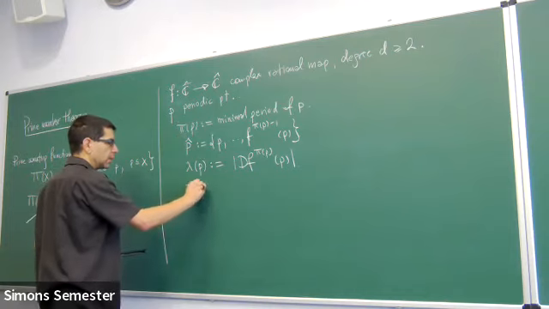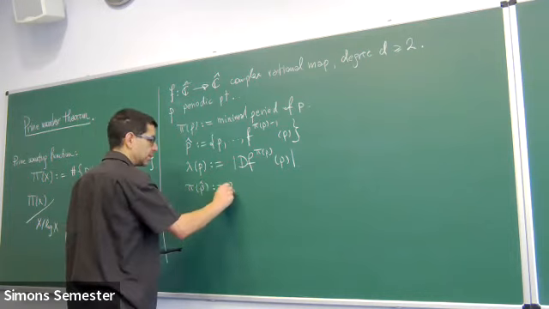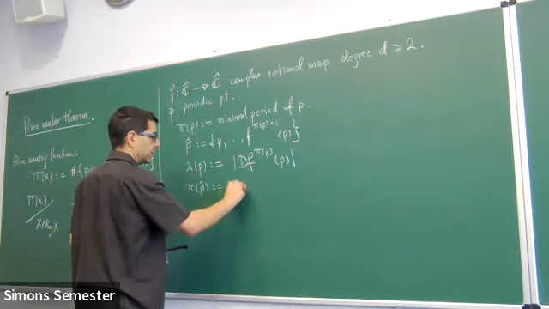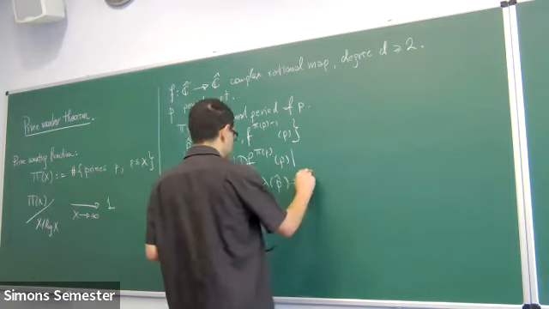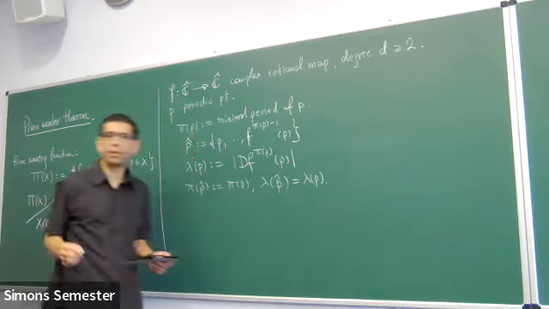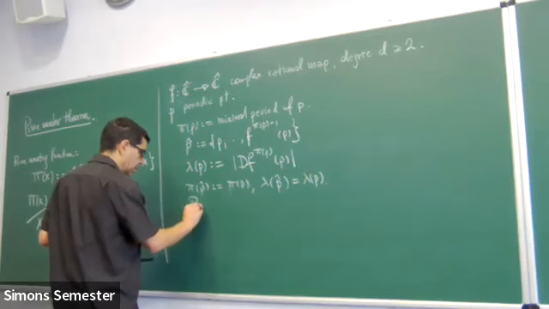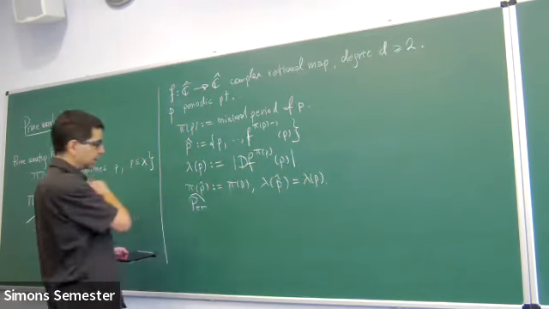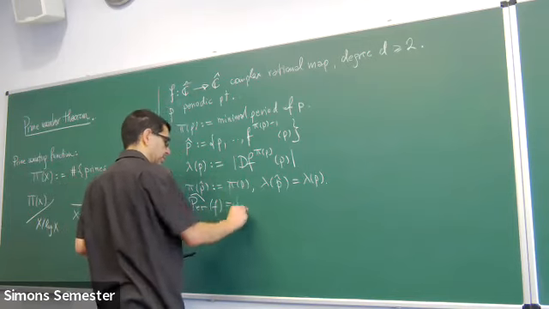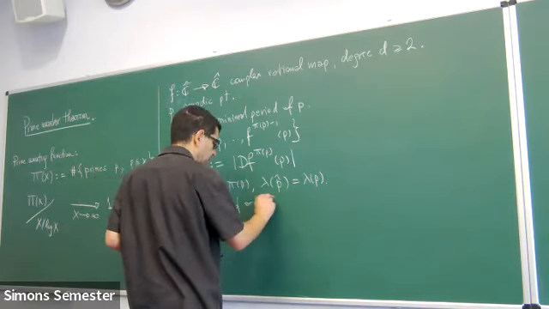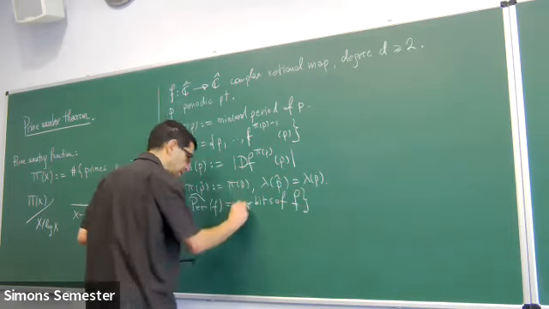So pi hat will be just pi of P. Same for the weight, the norm of the multiplier, and as before, this will be the notation for the set of orbits of periodic points.